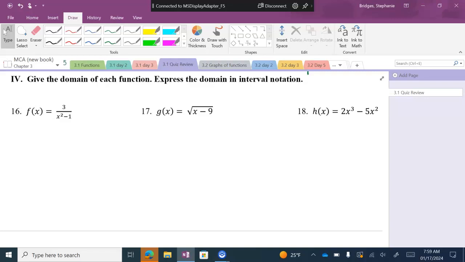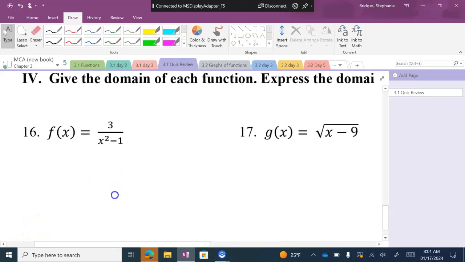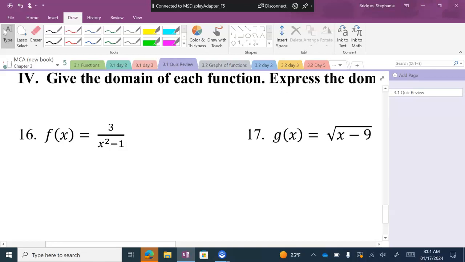There's a blank copy of it on Canvas, though. I'm going to start with 16. We're looking for fractions or radicals. Those are the only times we have restrictions on our domain. What do I have in number 16?